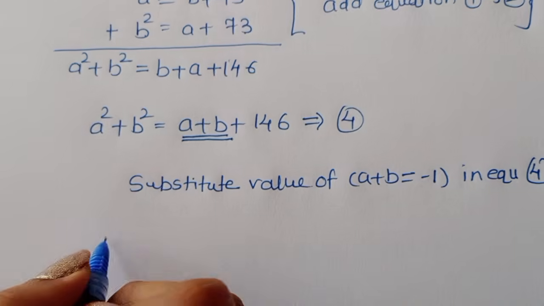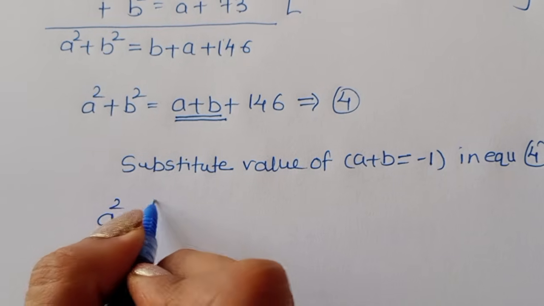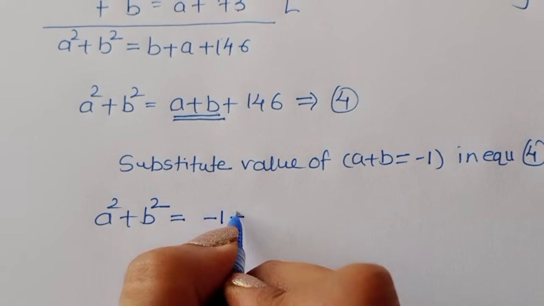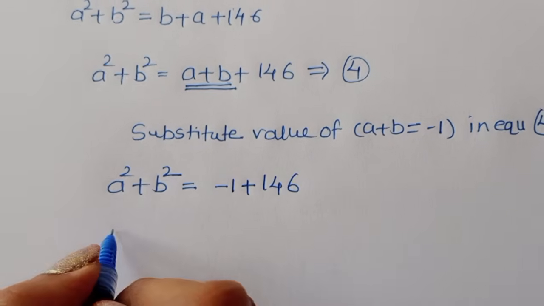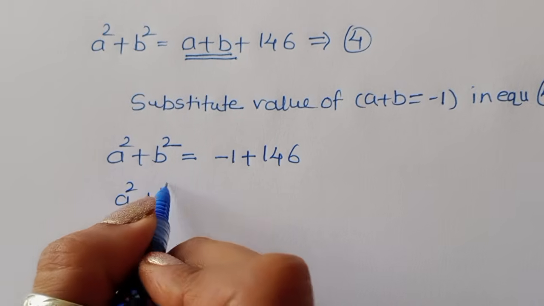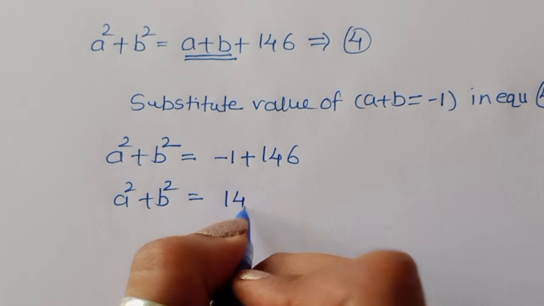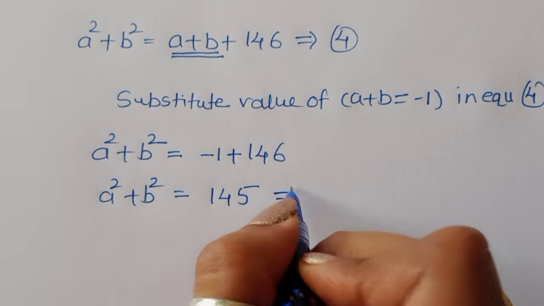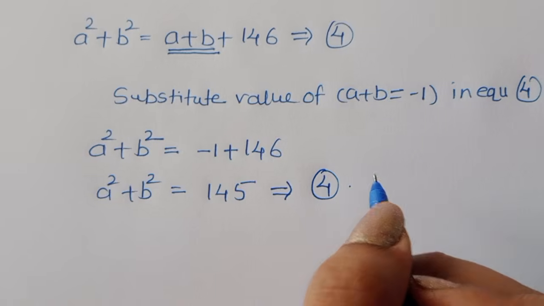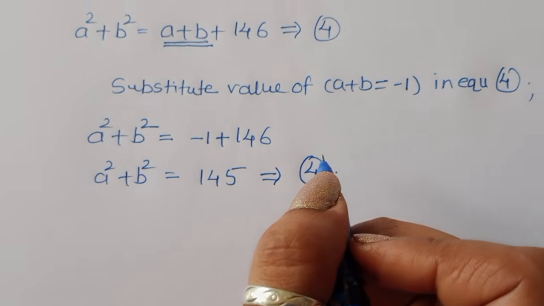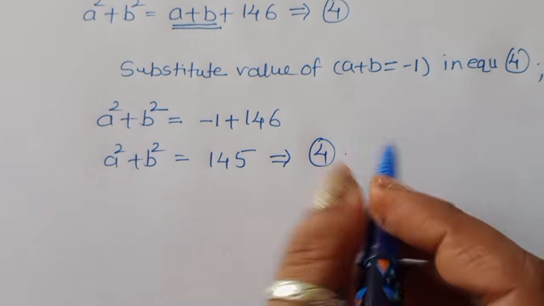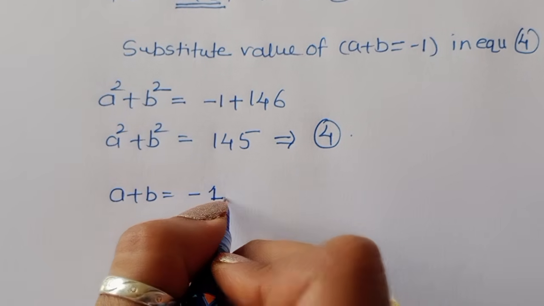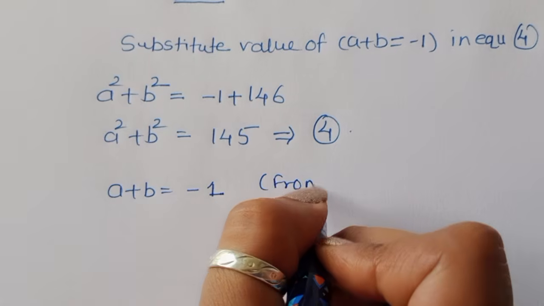Then we will get a square plus b square is equal to minus 1 plus 146. So it becomes a square plus b square is equal to 145. Now from equation 3, a plus b is equal to minus 1.